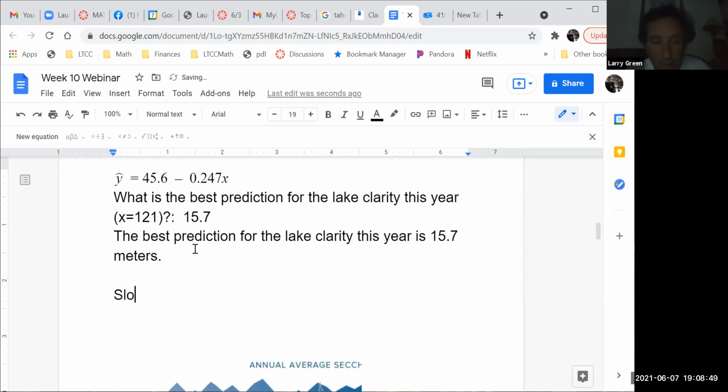So the slope is equal to negative 0.2 about. And remember, that's the rise over run. Rise is the change in y over run is the change in x.